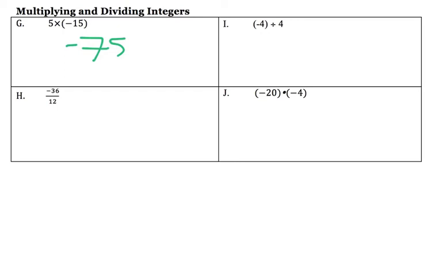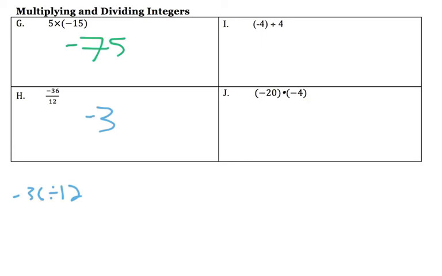For h, we have negative 36 with the fraction bar and 12. That's like negative 36 divided by 12. And I know that 12 goes into 36 3 times. Same rules for multiplication. If the signs are different, or if you have one negative and you're dividing, then you should have a negative.